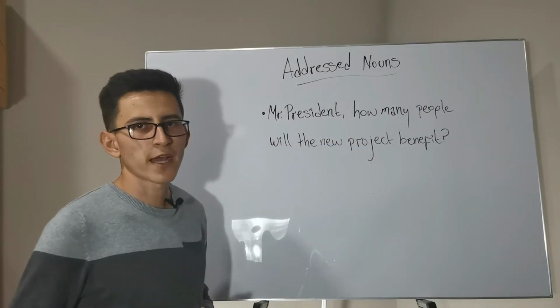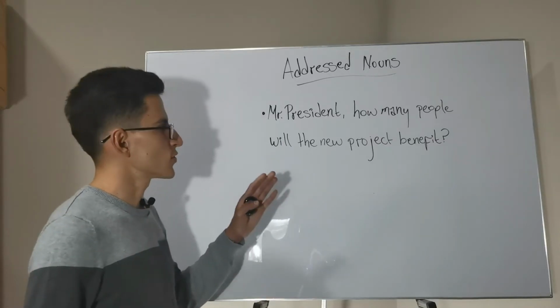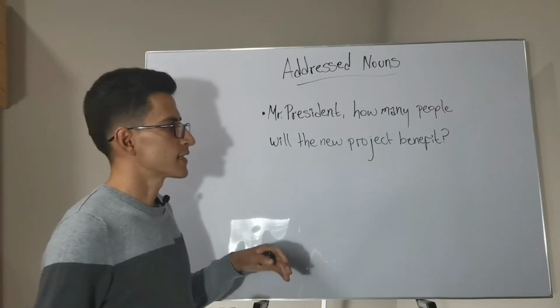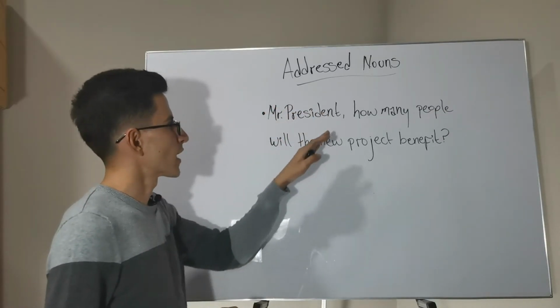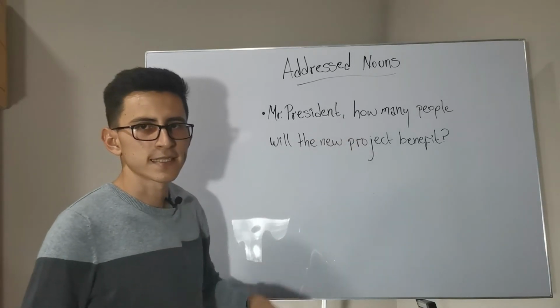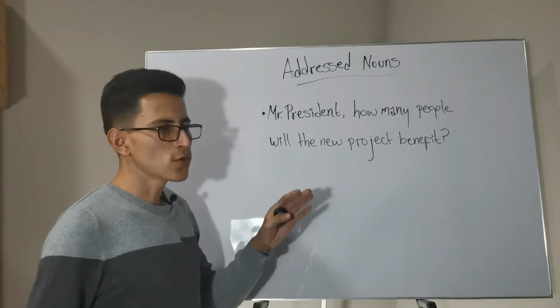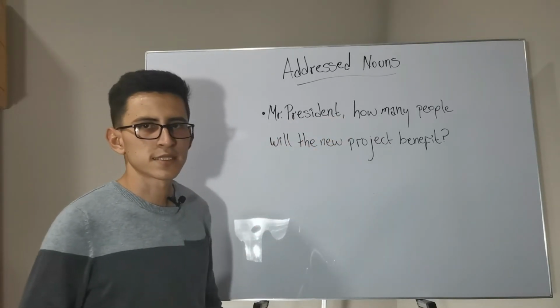Something that I forgot to tell you is that if we pay attention, we will find out that addressed nouns in most of the cases are followed by a comma right after it. This can be a clue to identify addressed nouns in a sentence.